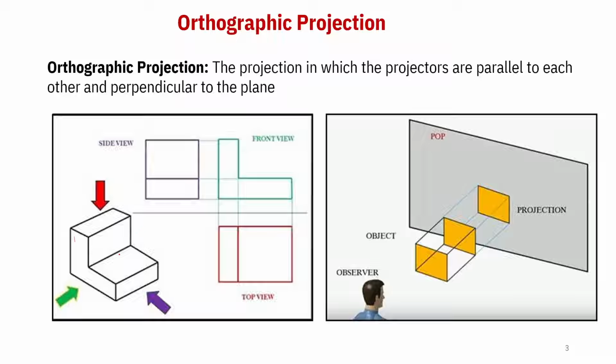Looking in the same direction, but while looking from the top, what are we going to see? We see this portion. For getting that portion, as well as this portion, we will be projecting the line onto the horizontal plane to get the top view.